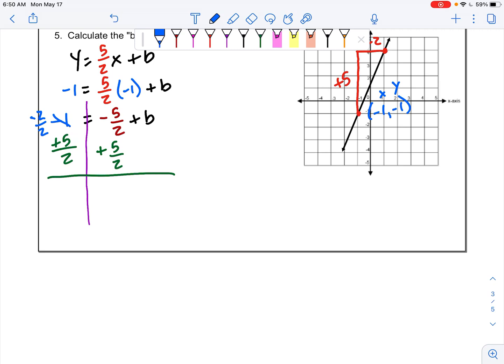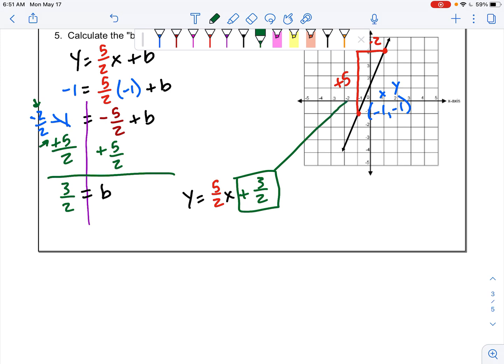And now I have the same denominator and it's easy to add them. So I know my denominator is just going to be a 2. So I'm at negative 2 and I add 5. So I'm at 3. And that's going to equal my b. So now I'm just going to plug everything in. So I have y equals, my slope is 5/2 x, and my b is positive 3/2. So if I take this and look at that, 1.5, which is really 3/2.